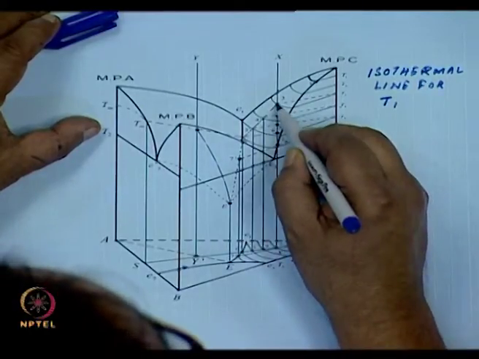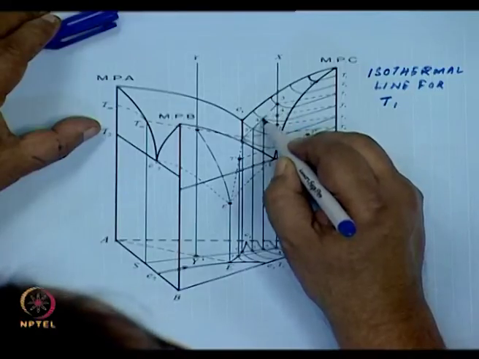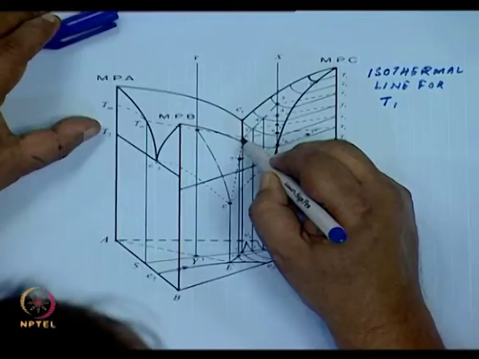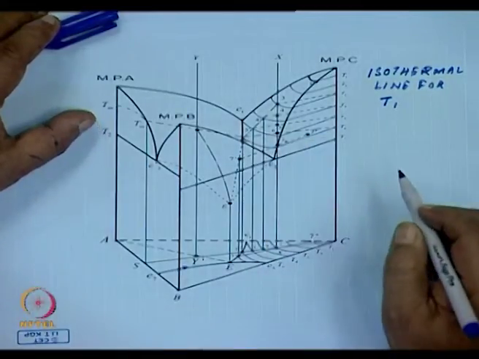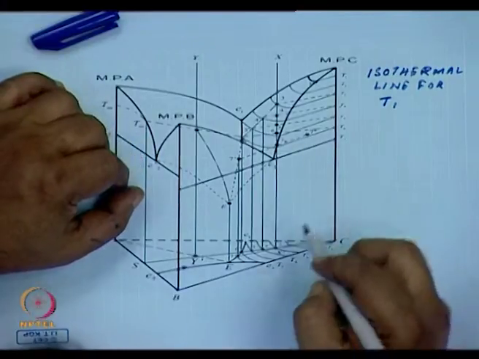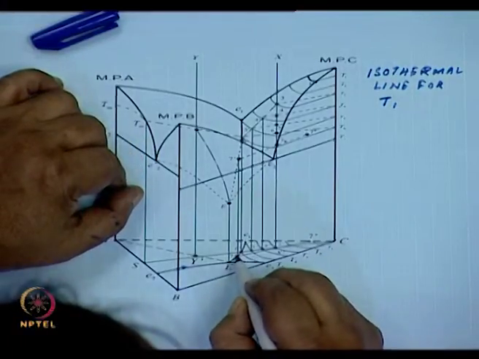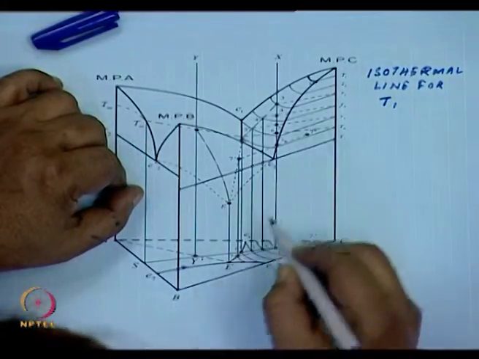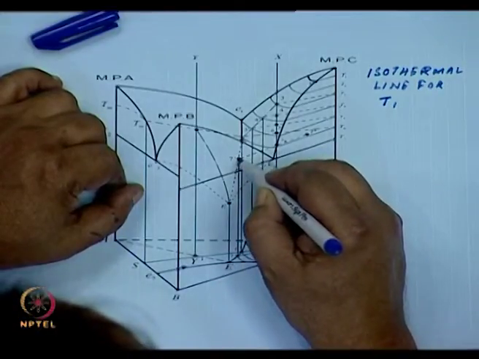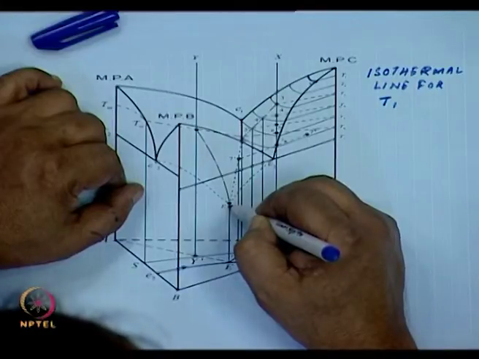So it will follow 3, 4 dashed, 5 dashed, 6 dashed. By then, it has started encountering this eutectic line. So then it follows along 7 to E.